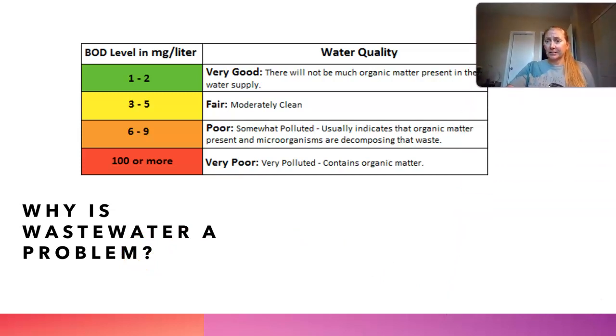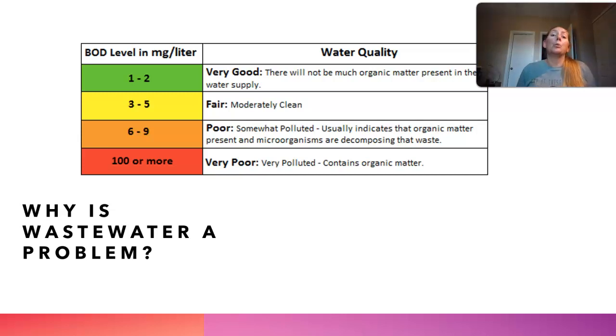So that's a definition of wastewater. Wastewater is considered a water pollutant. As we're talking about this wastewater, we're going to be focusing on the nutrient component of wastewater, looking at things like nitrates and phosphates.